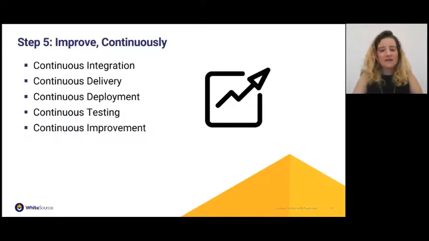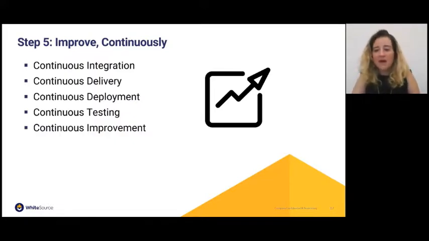And then the last step would be to continuously improve. So in DevOps in general, we have this continuous integration. We have continuous delivery, continuous deployment, continuous testing. But what we want to achieve eventually is continuous improvement. We want to start with something. Maybe it's not perfect.